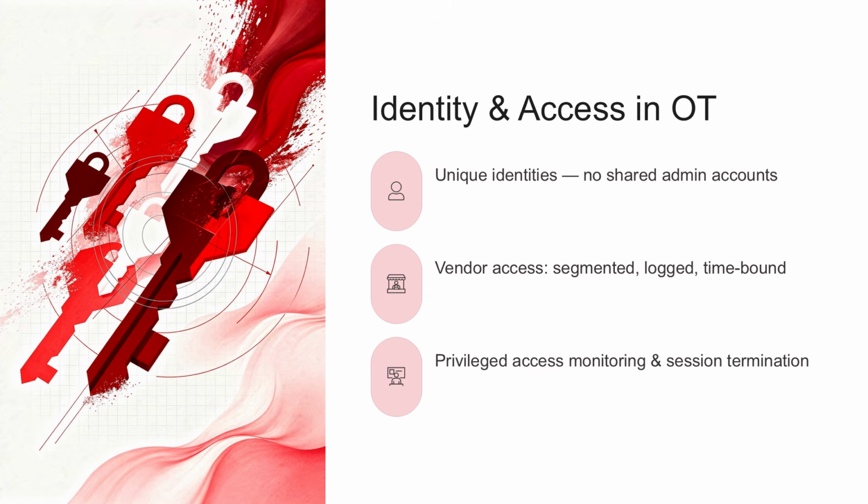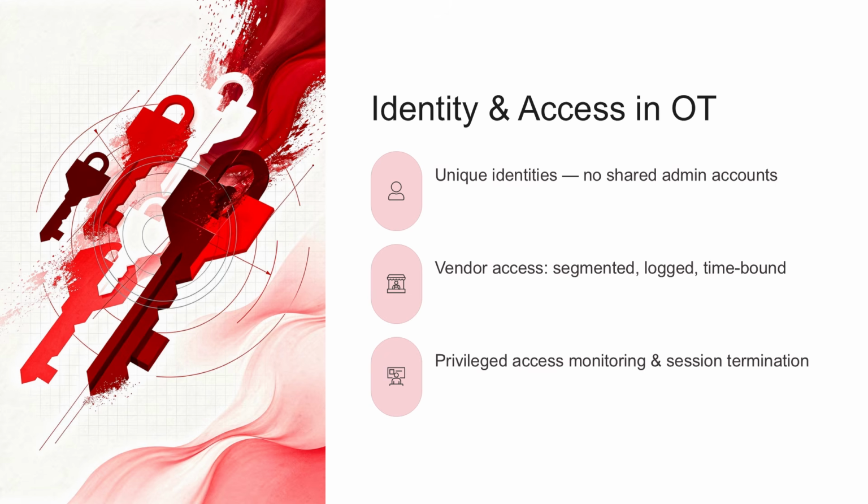Identity principles apply in OT, but implementation differs. You must ensure unique user identities, no shared administrator accounts, privileged access monitoring, controlled vendor access, time-bound remote access. Vendor access is particularly sensitive. Third-party engineers often require remote access for maintenance.